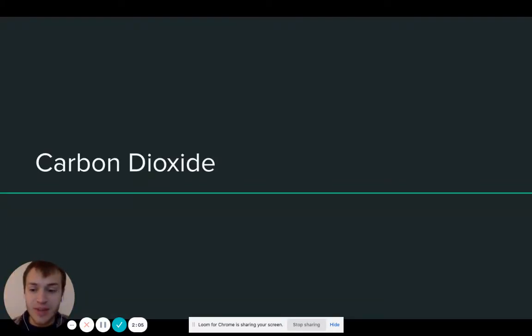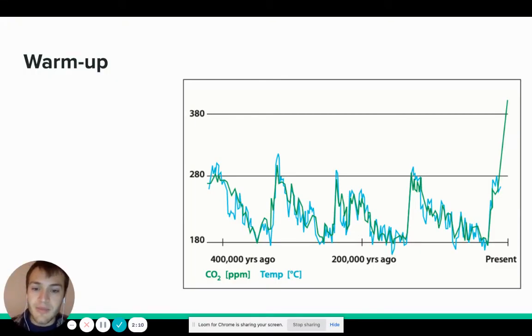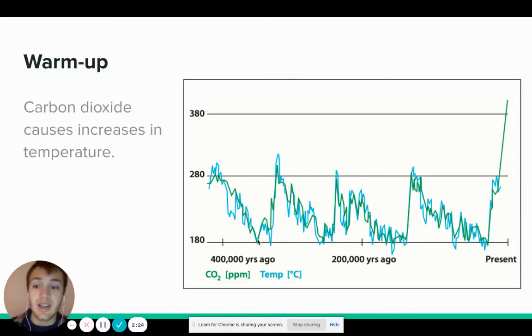Cool. So let's talk very quickly about carbon dioxide. Carbon dioxide and temperature have a pretty clear relationship. You can see from this graph that whenever carbon dioxide is up, so is temperature. Whenever carbon dioxide is down, so is temperature. And so we know that carbon dioxide causes increases in temperature, or decreases if carbon dioxide goes down.